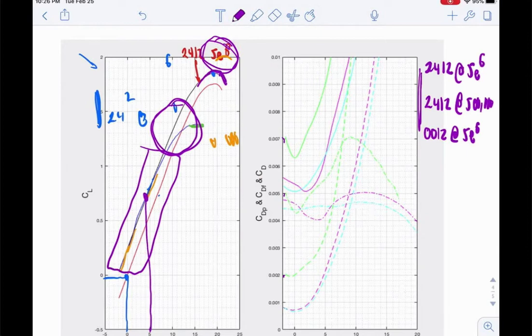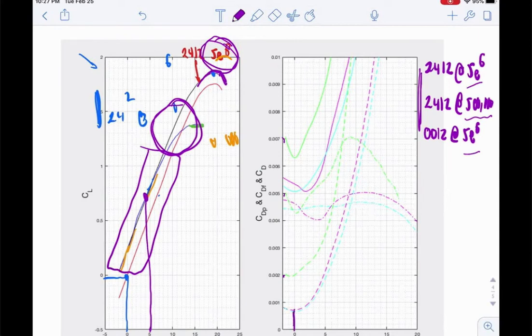Then the next question is which foil is which. And so I have one foil at 500,000 and two operating at 5 million. If I look at the 5 millions down here, well, actually it isn't as easy as I thought it was going to be. I wanted to look for symmetry, so this is zero angle of attack.